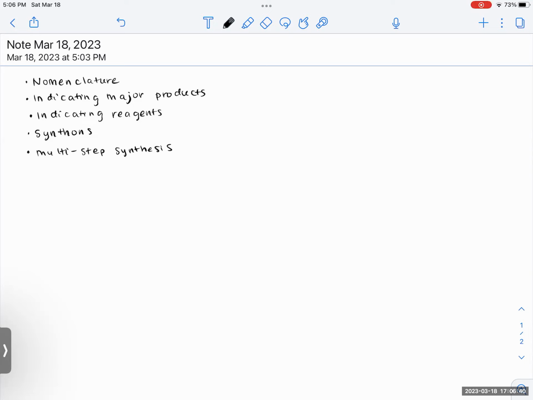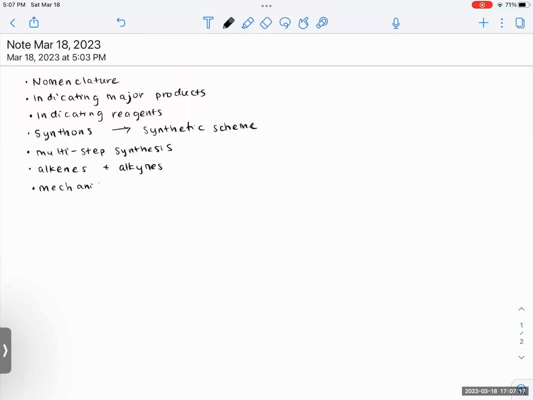And then, connected with synthons, a synthetic scheme. So you have to match up stuff. Matching reagents with corresponding synthesis steps, reactivity of alkenes and alkynes, and you got a whole new list of reagents. And then your mechanism.